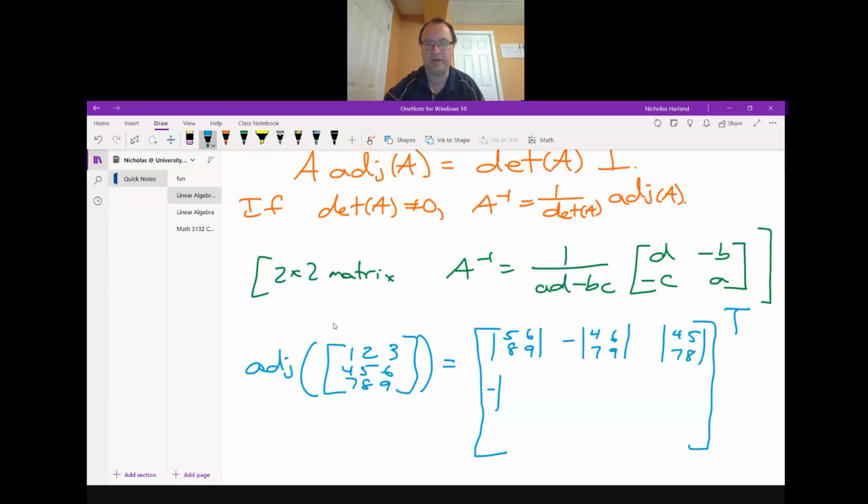And you would just keep going. 2, 3, and you get all these little mini determinants. Row 3, column 1, 2, 3, 5, 6. Row 3, column 2, 1, 3, 4, 6. 1, 2, 4, 5.